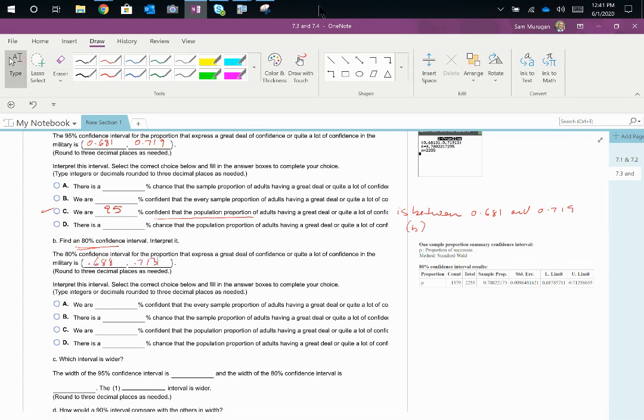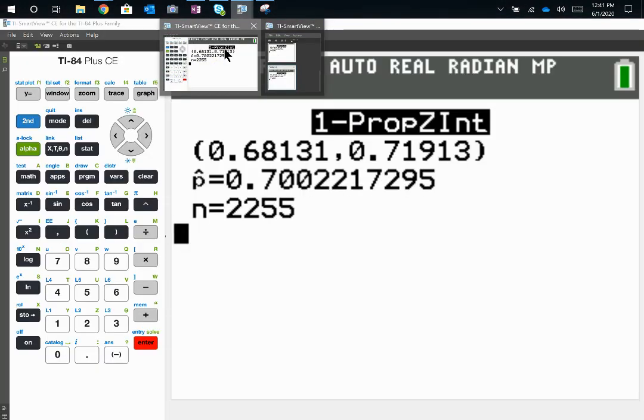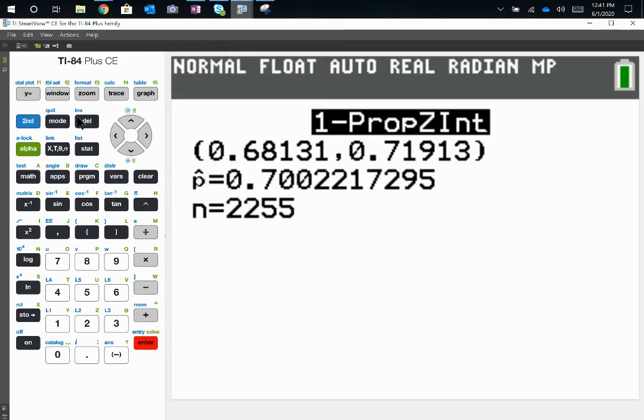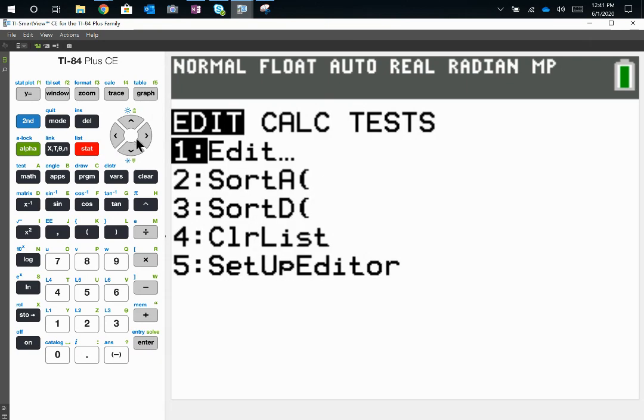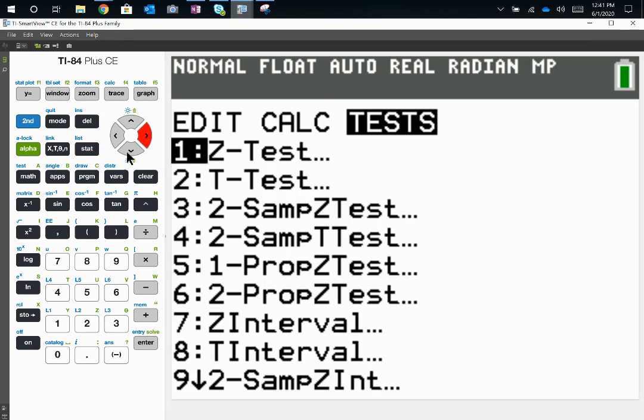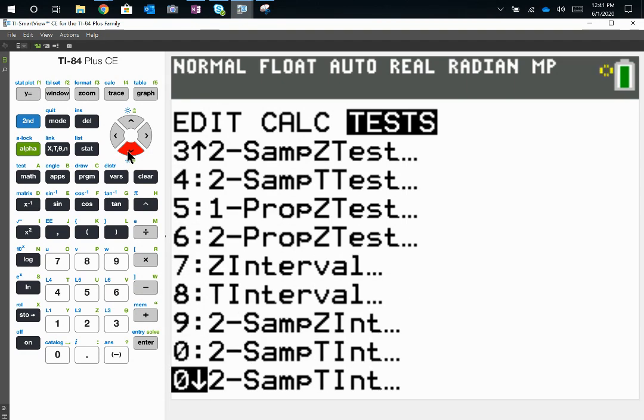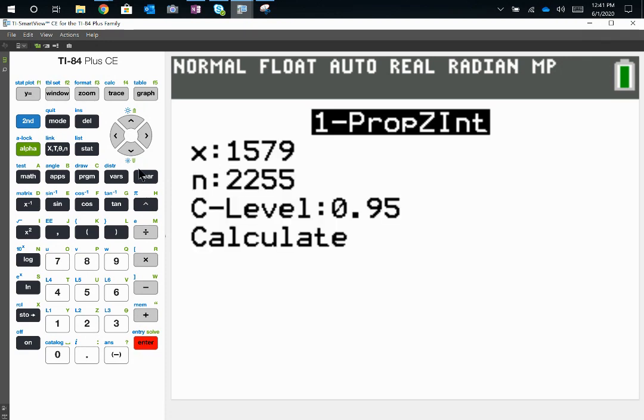And remember to do this in the calculator, you would use stat test, and then scroll down to one proportion Z interval, and change your confidence level to 0.80.